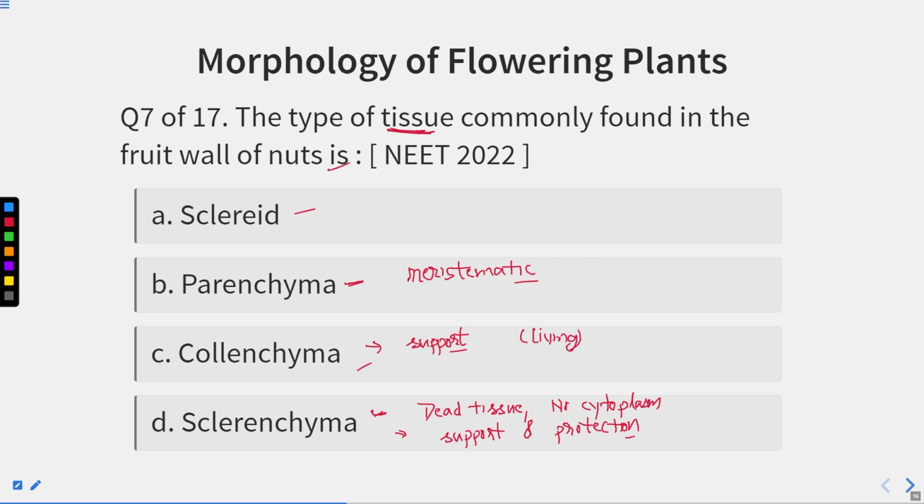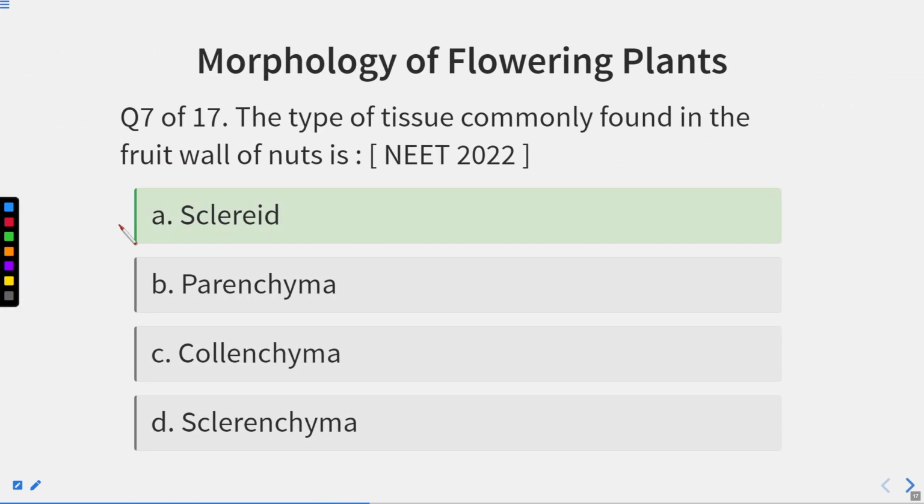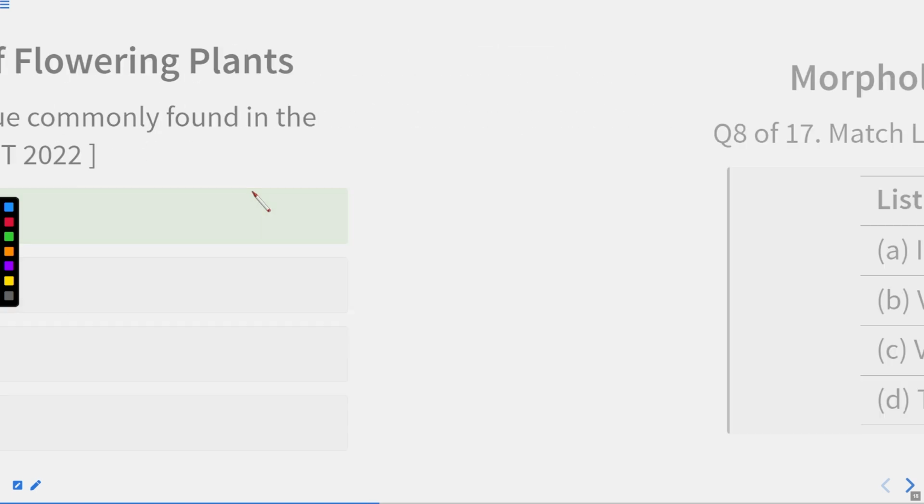Meristematic tissues are also living. Sclereids are again non-living. These are dead and they are a kind of sclerenchyma. So what should be the answer here? Sclereid tissue is commonly found in the fruit walls of nuts.